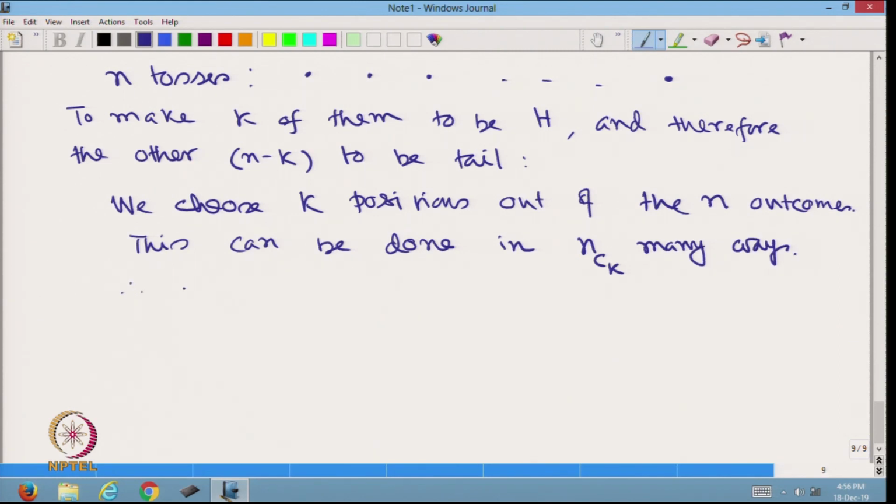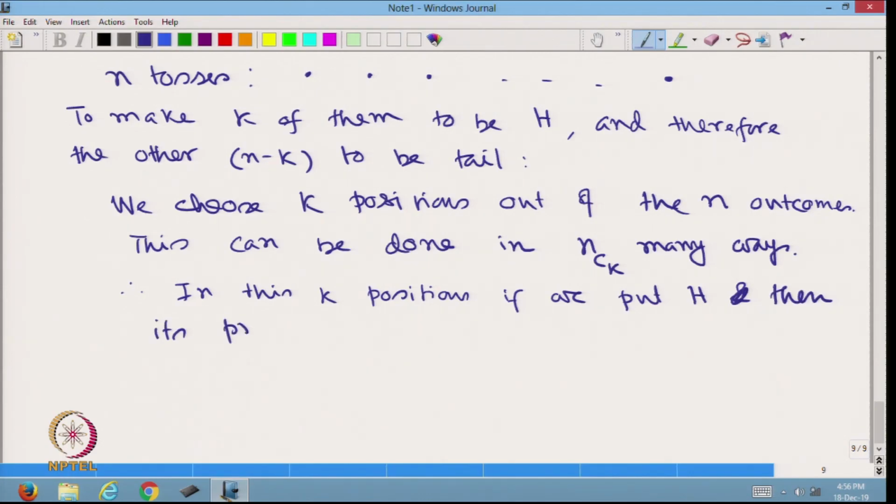Therefore, in these k positions, if we put h and its probability is p to the power k, because the tosses are independent.